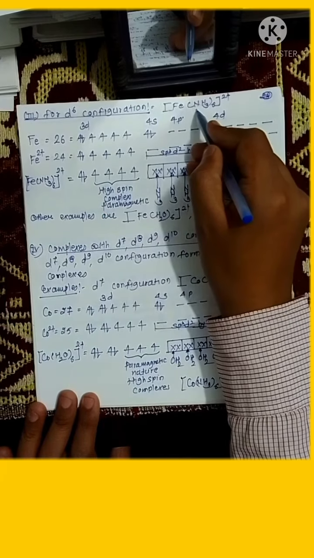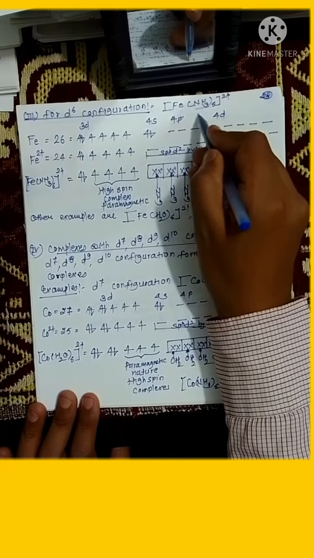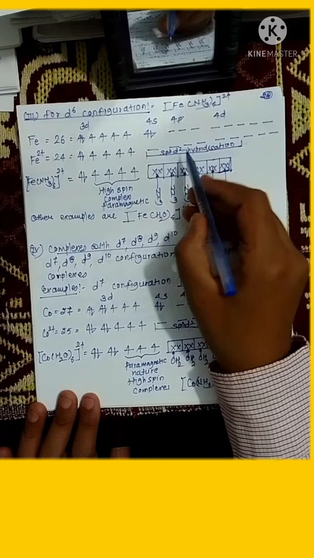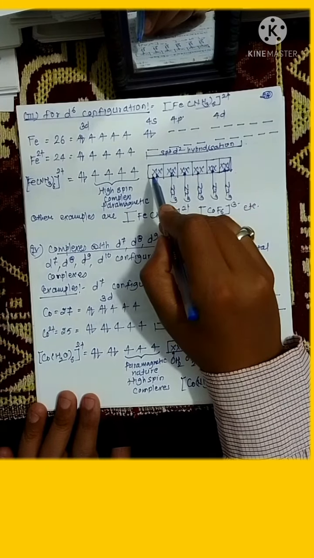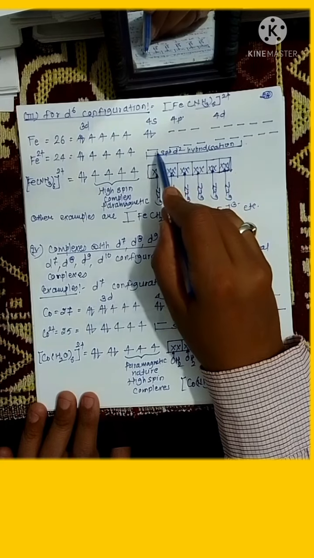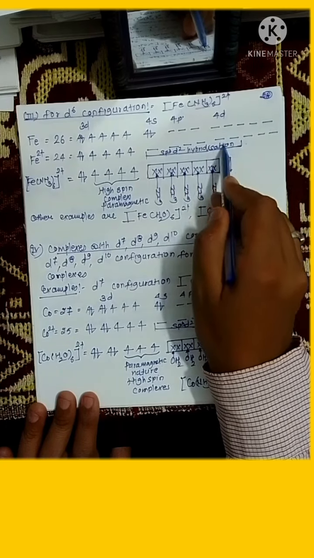Since ammonia is a weak ligand, it is going to form sp3d2 hybridization. In this hybridization, all orbitals belong to the same shell.